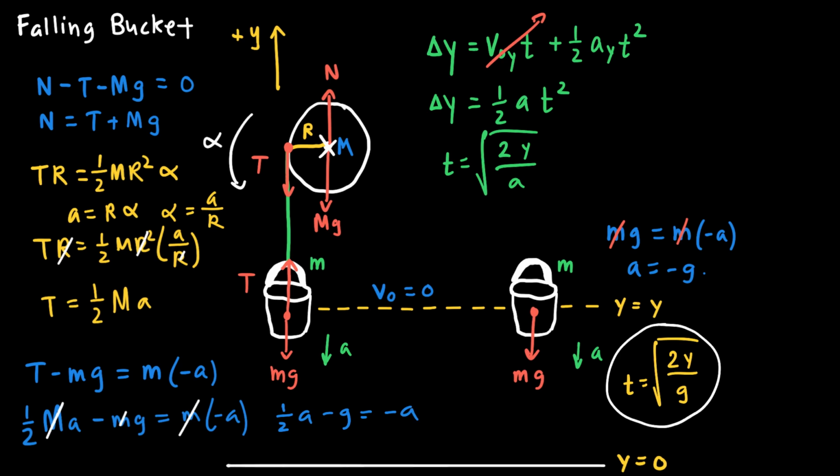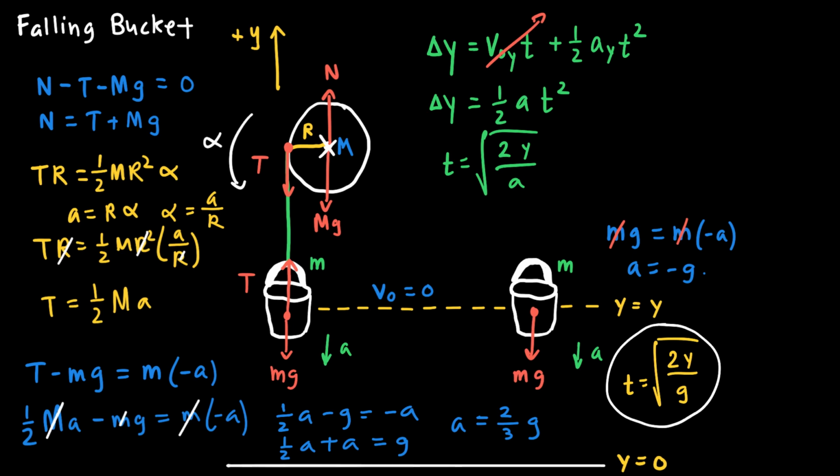Rearranging that, I would have 1/2 a plus a equals g. Right? 1/2 a plus a equals g, or 3/2 a equals g. Therefore, the acceleration is 2/3 g. So for the bucket on the right, we get an acceleration of g.